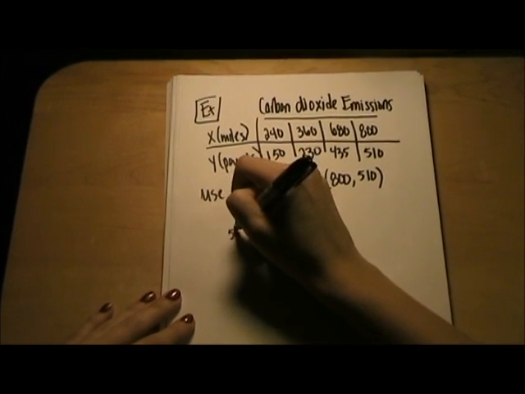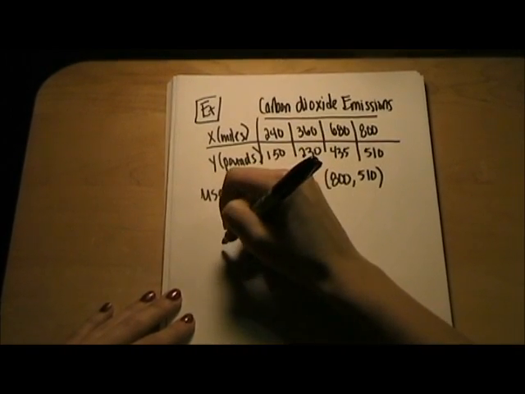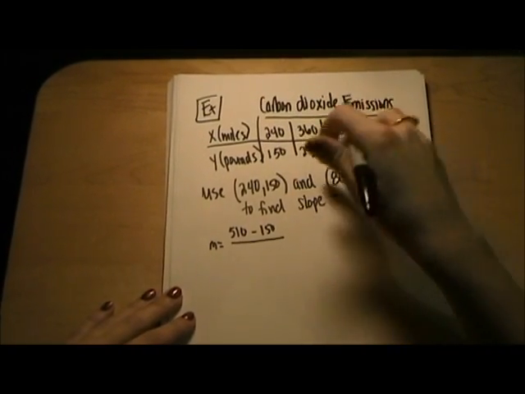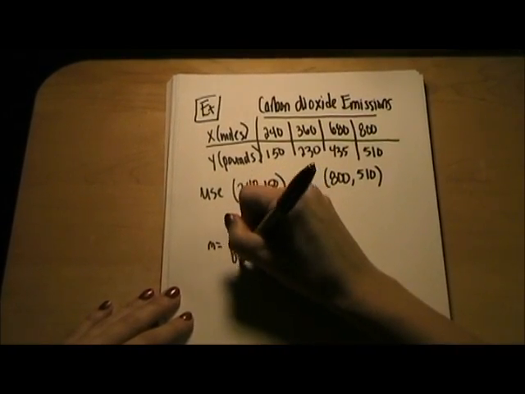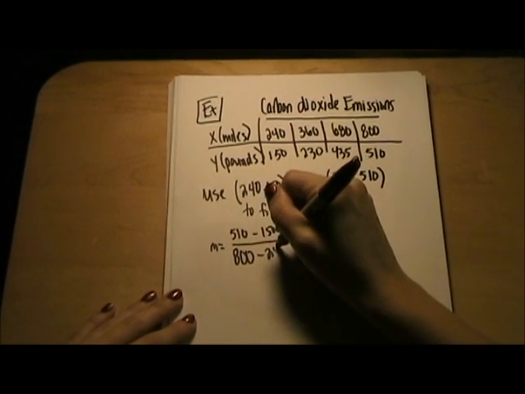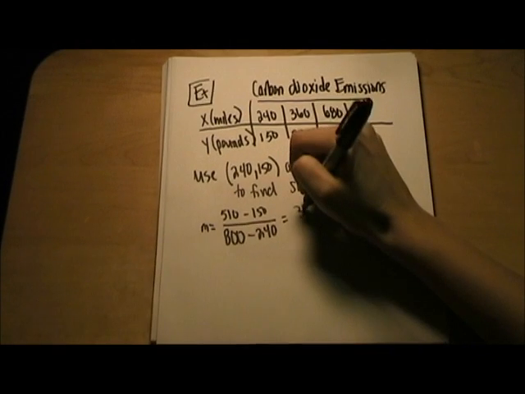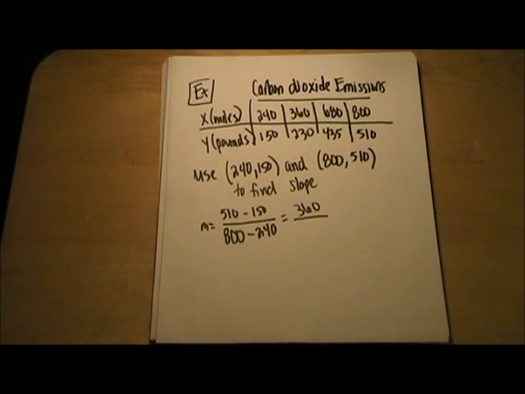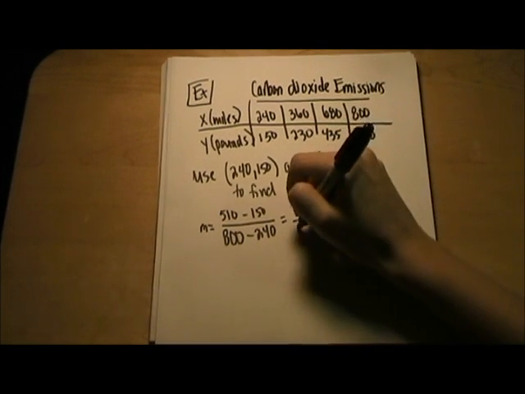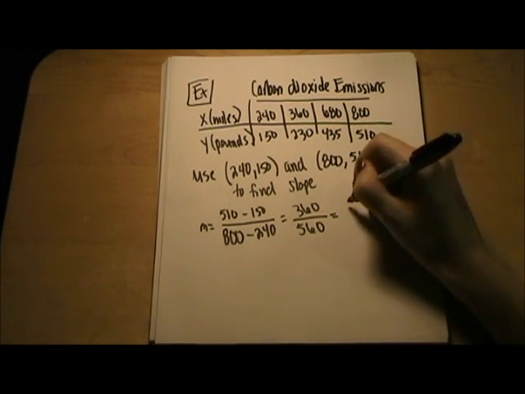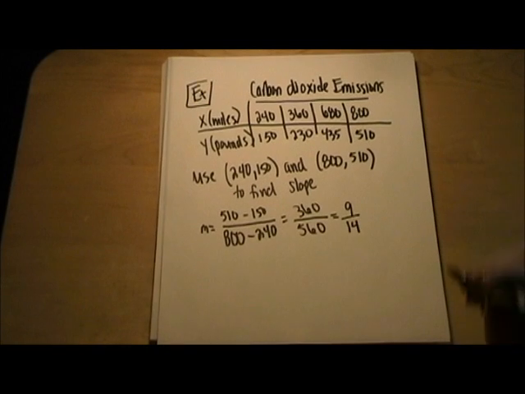So we would do 510 minus 150 over 800 minus 240, and we would get 360 over 800 minus 240. And then we simplify this to 9 over 14.